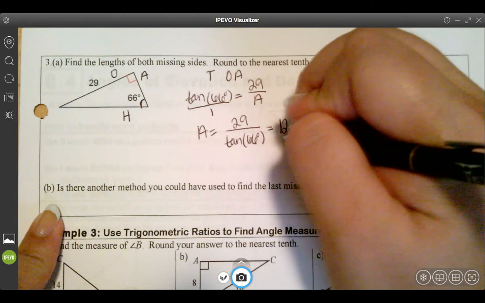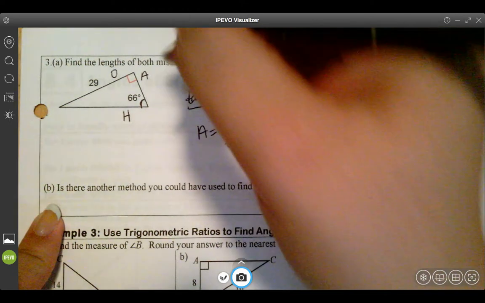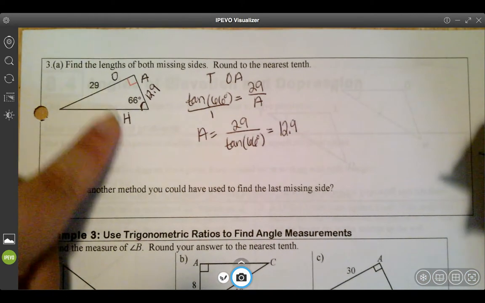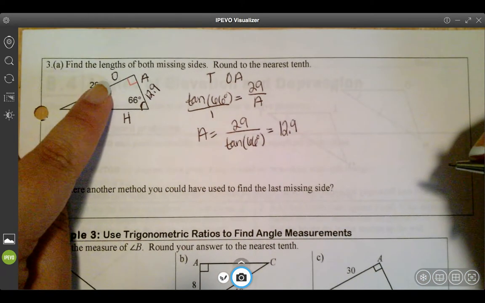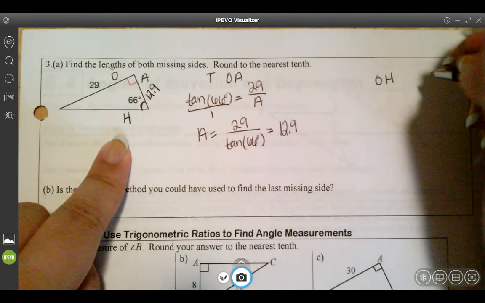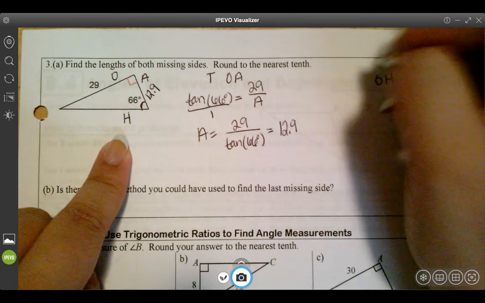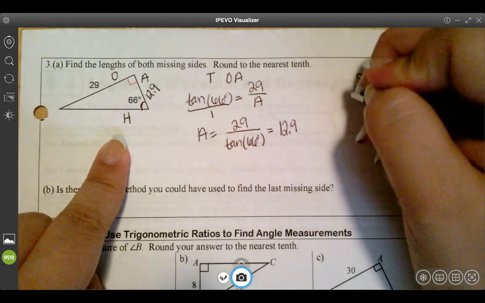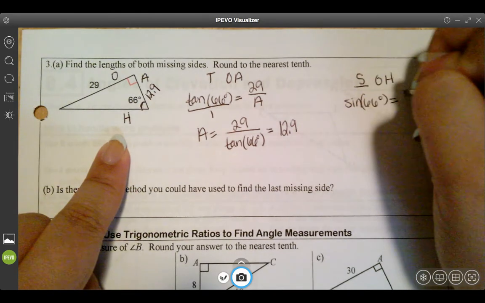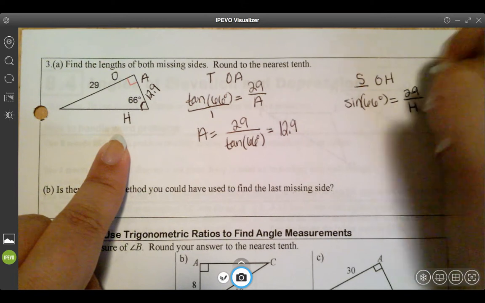But because that's not exact, I don't want to use that in order to find my other side. I still want to use the given information. So I want to use opposite and hypotenuse. So which function will go with opposite and hypotenuse is sine. So we'll say sine of 66 degrees equals 29 over h.